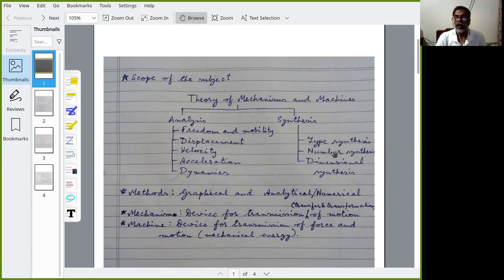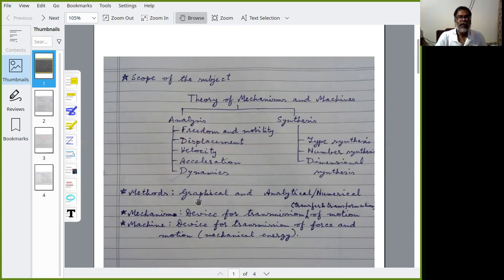Numbers, how many links and joints it will have. And after deciding that, you can work out the dimensions, that is, what will be the dimensions of different parts. And this will involve the maximum amount of work.